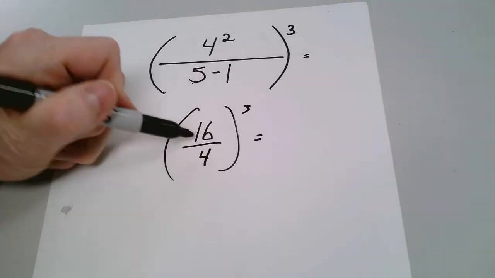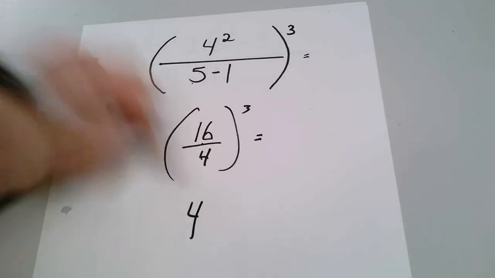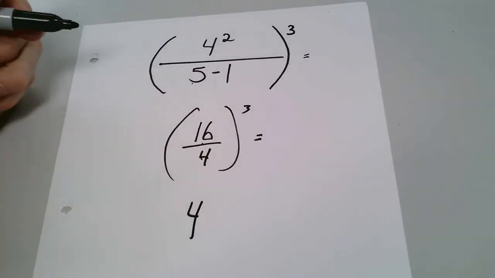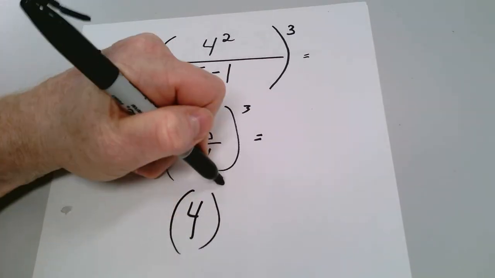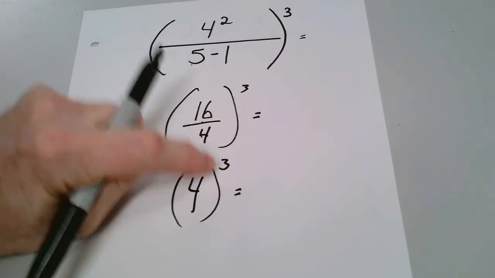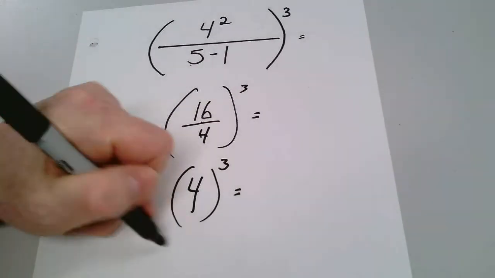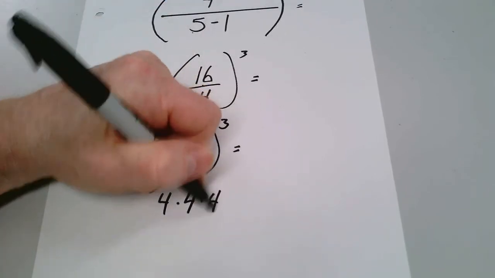So the next step, we can go 16 divided by 4 is 4. Now we know exactly what's in the brackets, so we've done everything we can in the brackets. And then all we're left with is cubing the 4, which is 4 times 4 times 4.